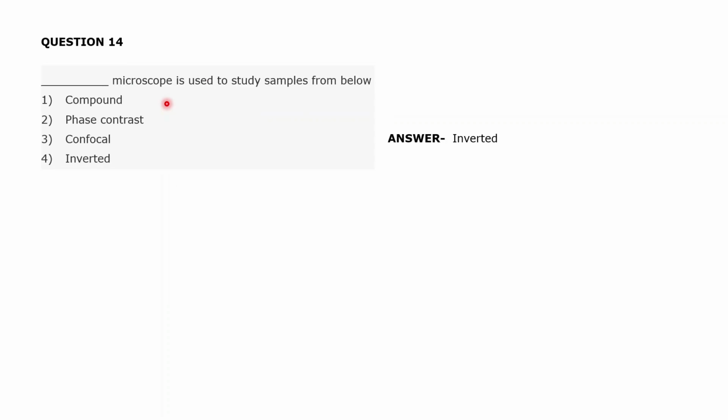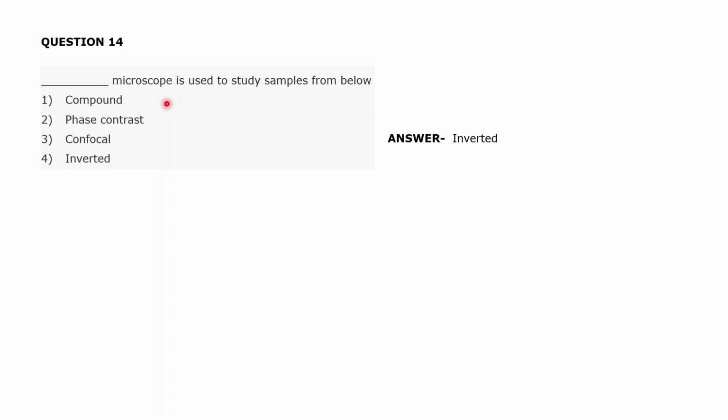I am not going into much detail in this case, because I have already discussed it. In an inverted microscope, there is a light source at the top, then the sample is kept below. Light falls onto the sample and then moves out. In this case you have to see whether the coverslip you are using is plastic or glass, and based on the refractive index of that substance you choose a microscope, as I discussed earlier.